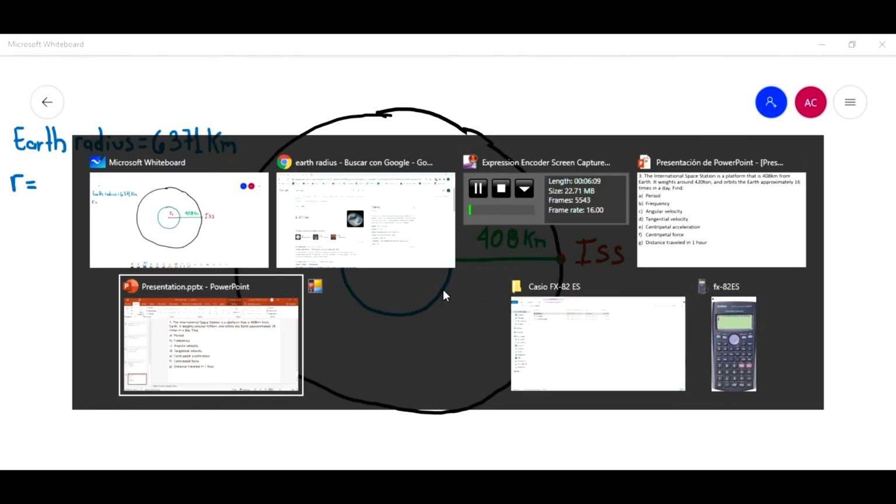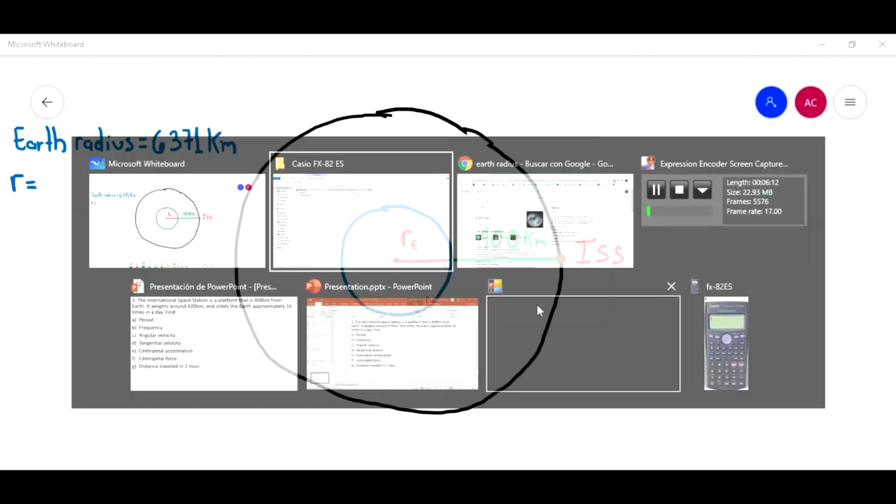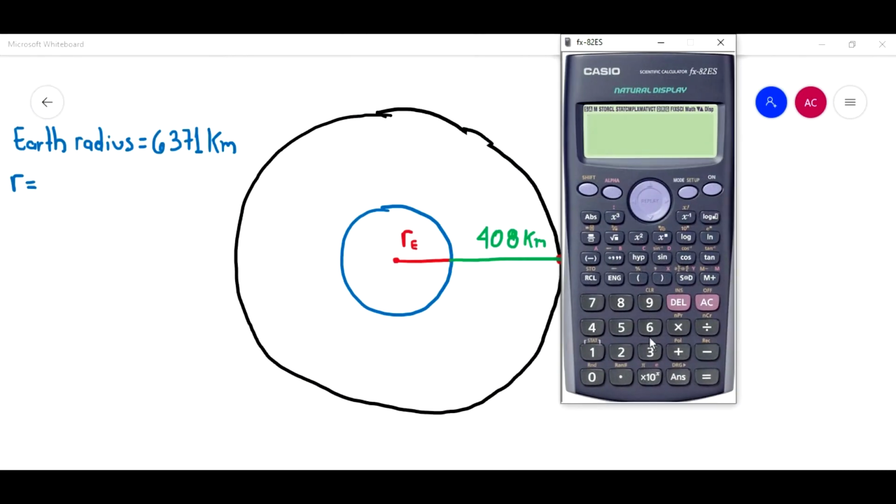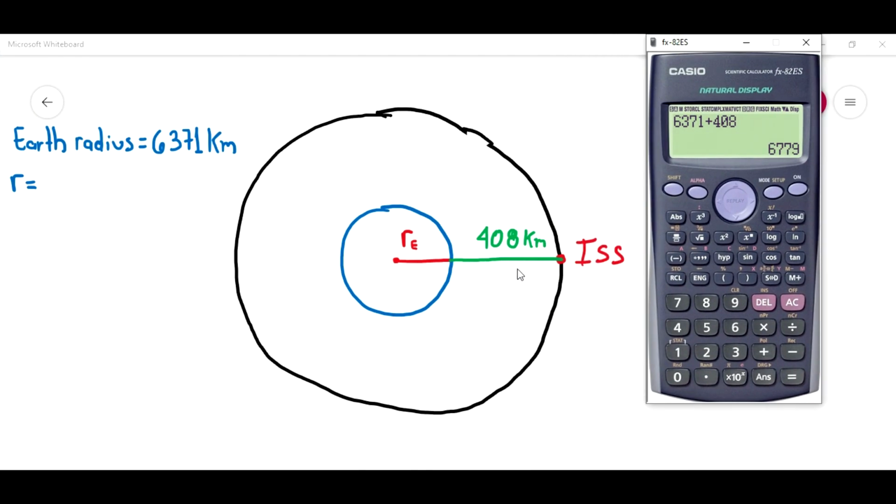So let's get the calculator. It will be 6,371 plus 408 kilometers. If you see, it's not to scale, but I had to do it so you can see the distance.